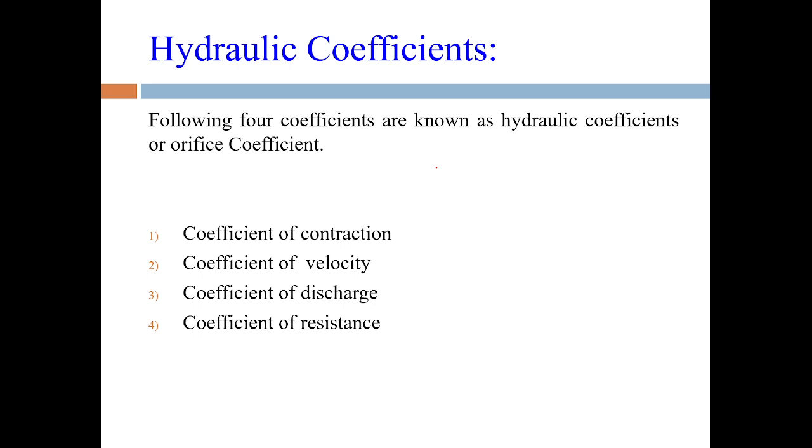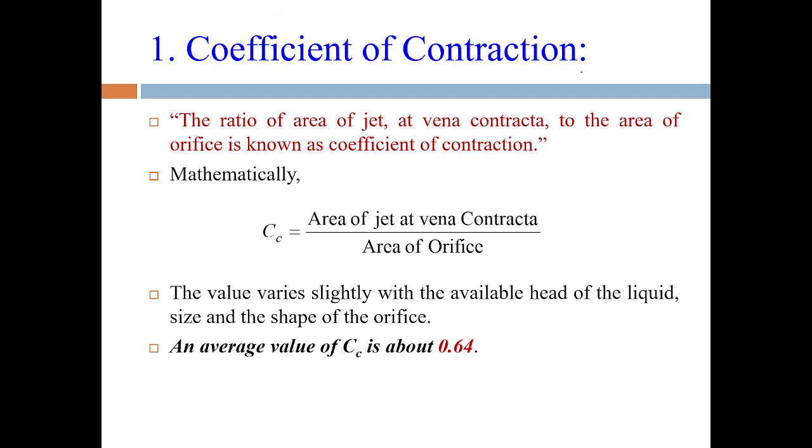So for these coefficients, we have coefficient of contraction, coefficient of velocity, coefficient of discharge, and coefficient of resistance. Coefficient of contraction is the ratio of area of jet at vena contracta to the area of orifice. For example, we have this orifice, this is jet.